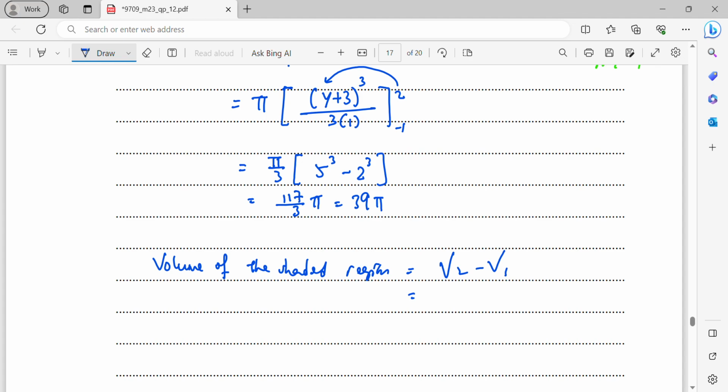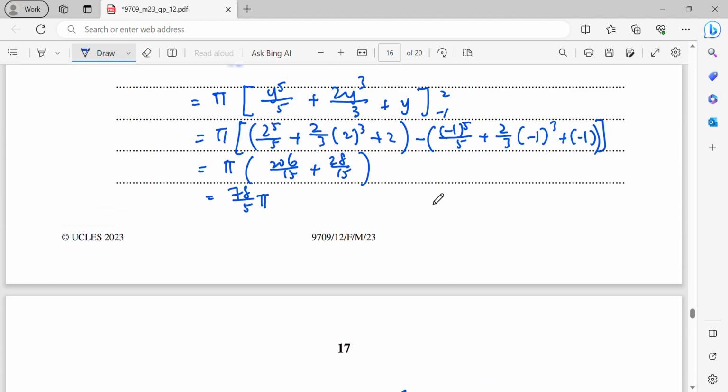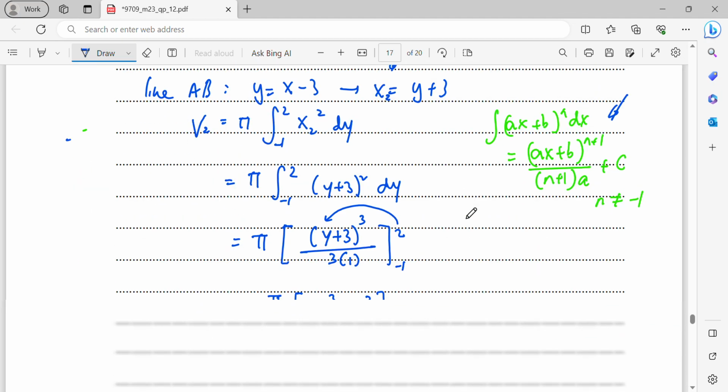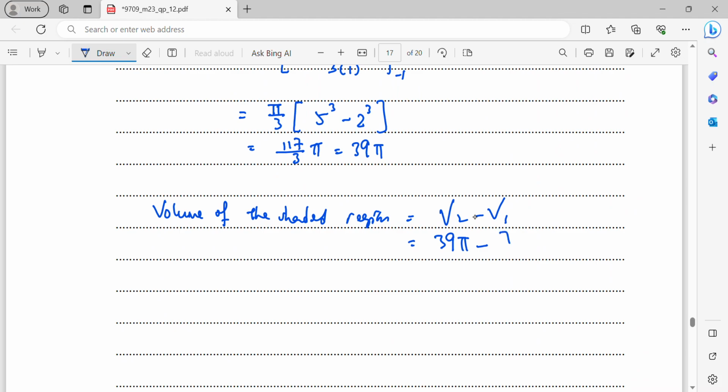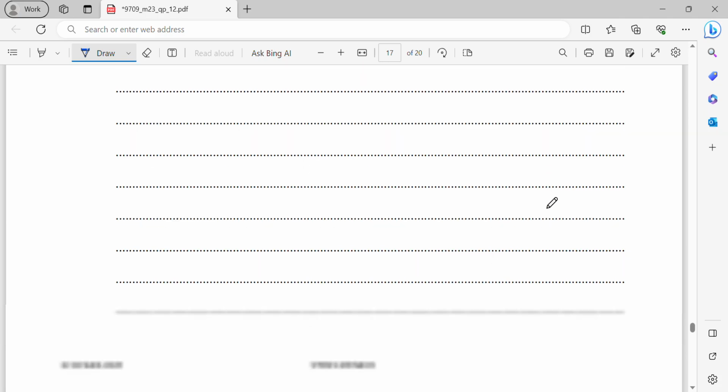Then V2 is 39 pi. My V1 is 78 over 5 pi. Okay, at last you will be getting 23.4 pi. So that is the volume of the shaded region.